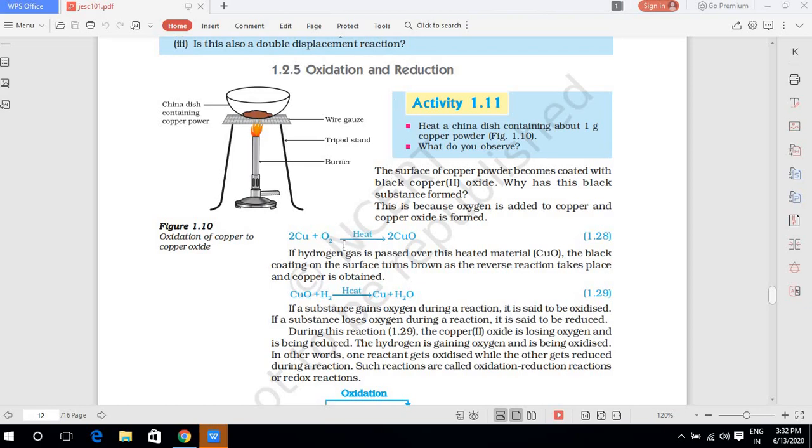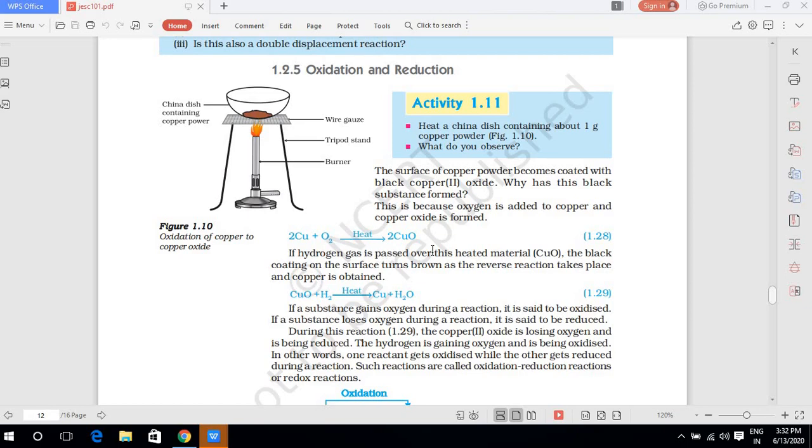So in a simple way, if the reactant loses oxygen, it is called reduction, and if the reactant gains oxygen, then it is called an oxidation reaction.